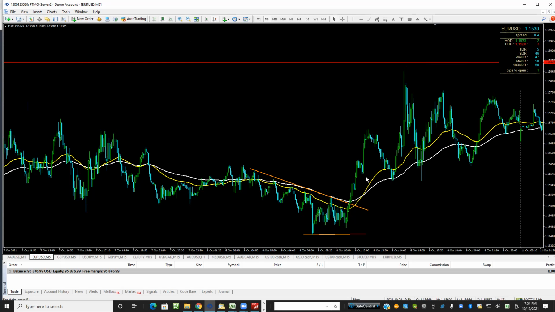So the further they separate means that in the short term is what's dragging the long term up. So this is leading this. As this goes up, this is following behind it because it has to cover more candles. This is covering 100 candles.